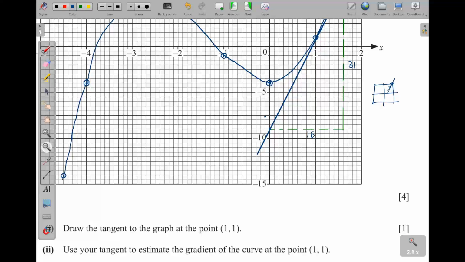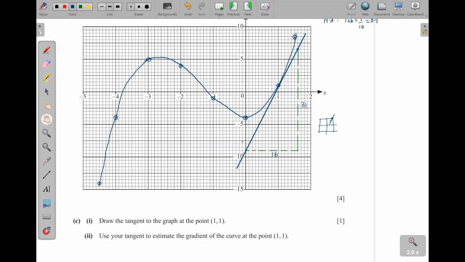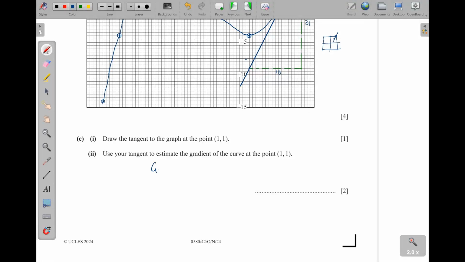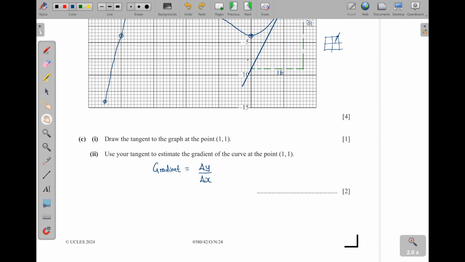Then I go to find the gradient. Remember, gradient is change in y over change in x. So the gradient is equal to the change in y over the change in x. So my change in y, we have seen there are 31 small boxes.